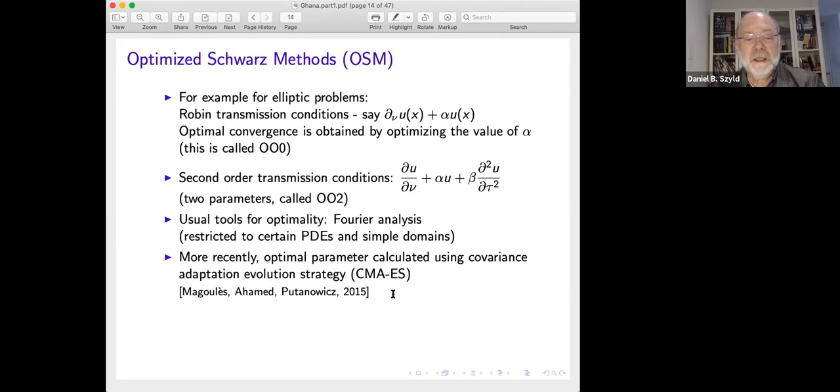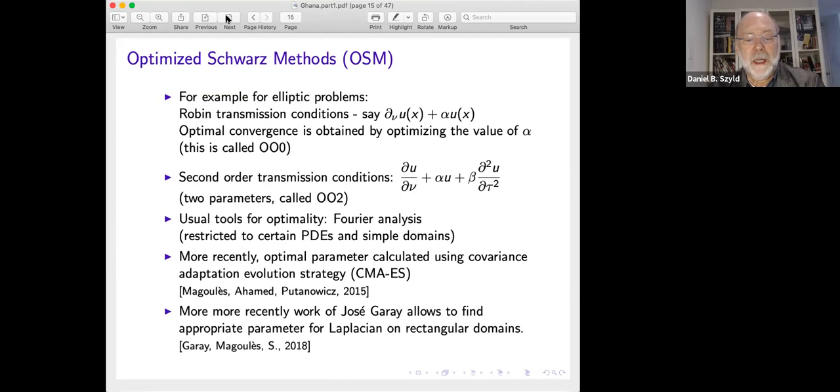More recently, there is a kind of an automatic way to do this, so you have to think about it. And more recently, my student, Jose Garay, for special cases, found a formula to get this parameter.